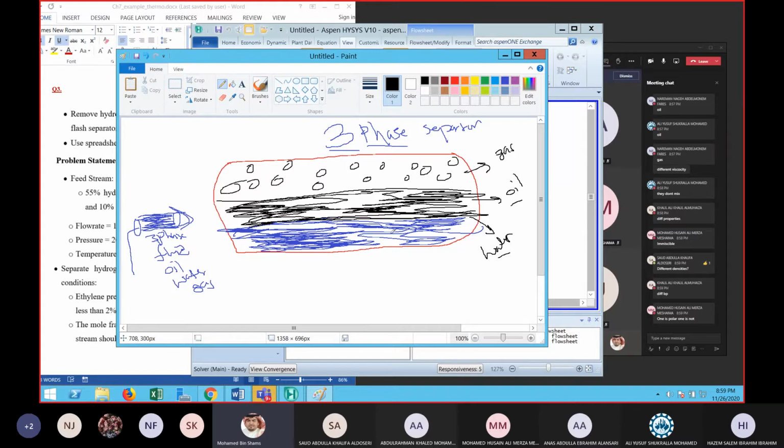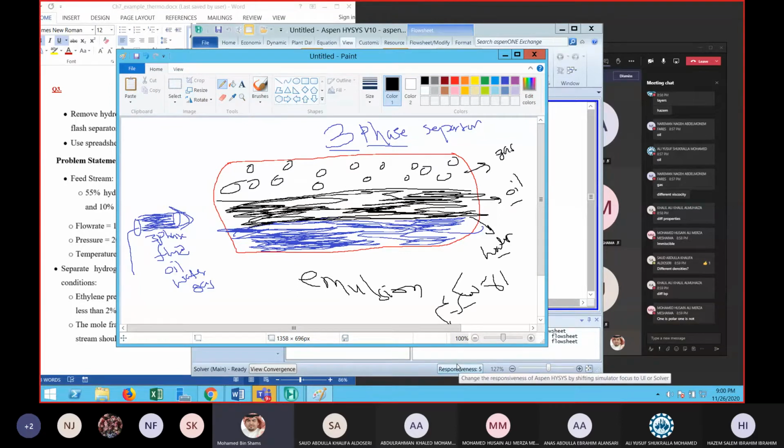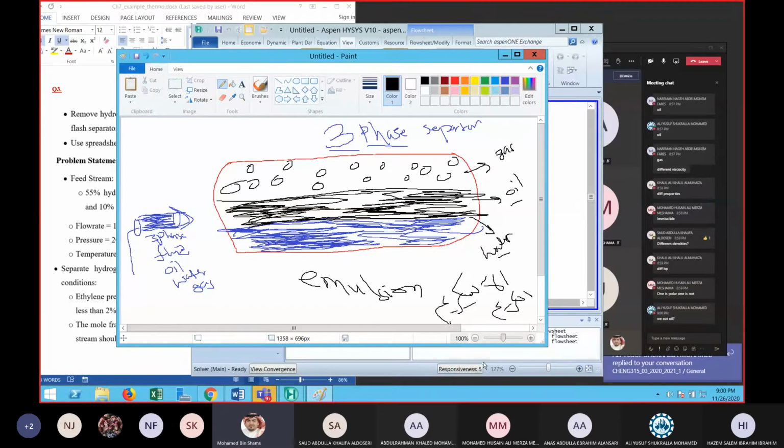Question: can they be mixed? Yes, they can. They can mix by the way. In fact they are mixed, and when they mix with each other, it is called an emulsion.